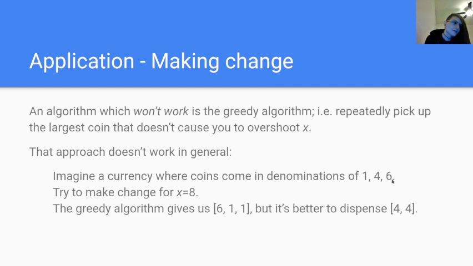Well, if we follow the greedy algorithm, then we'll get the 6 out because it's the largest. And then we'll have to spit out 2 1 coins, right? 6, 1, 1. But it would have been better to dispense 2 4s. That's 2 coins total. This is 3 coins total. We would have saved the value of 1 coin if we had not done the greedy algorithm approach.